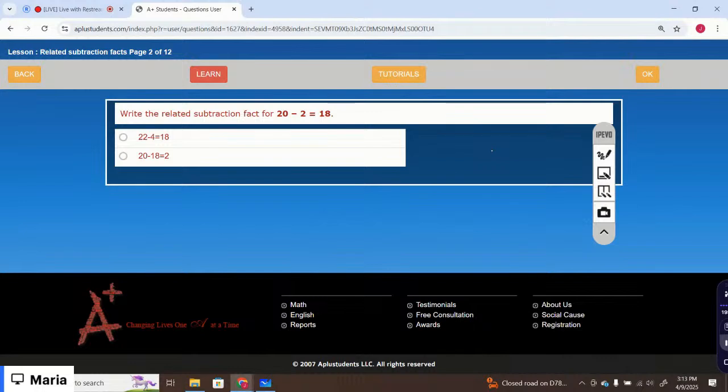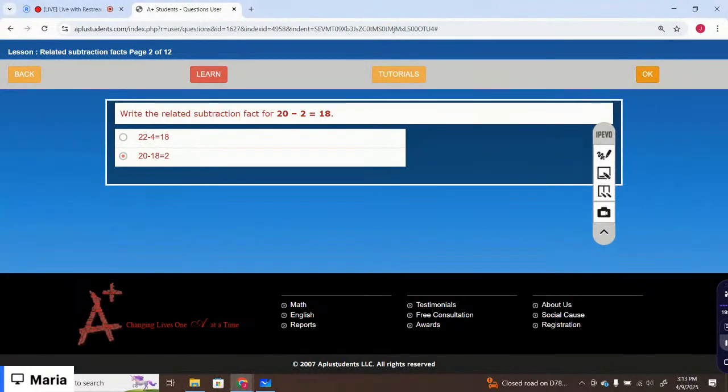Write the related subtraction fact for 20 take away 2 equals 18. That is 20 take away 18 equals 2.